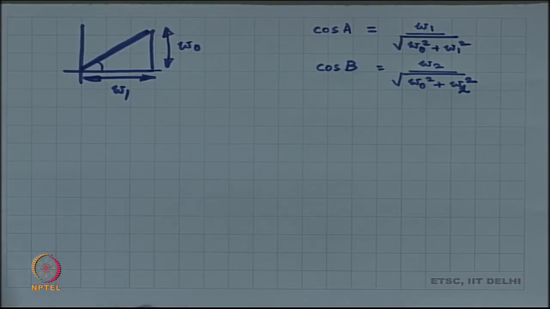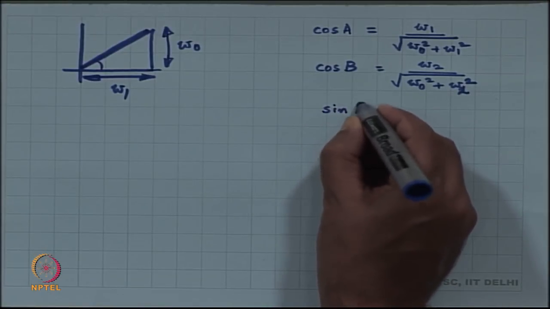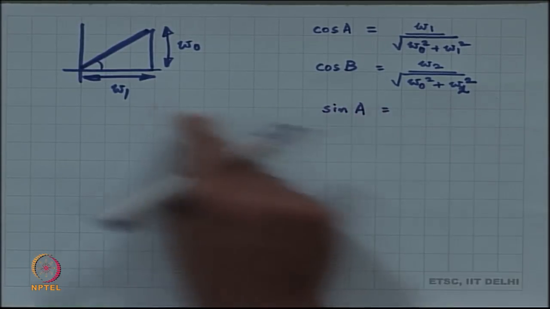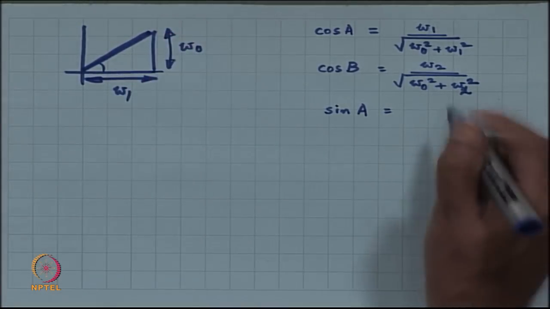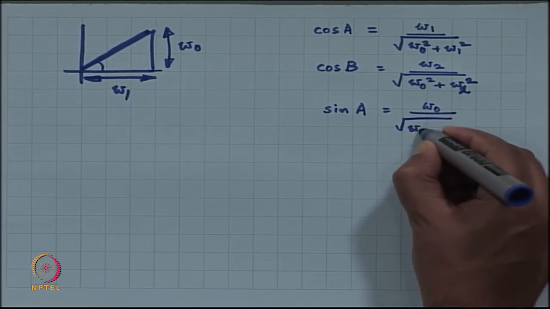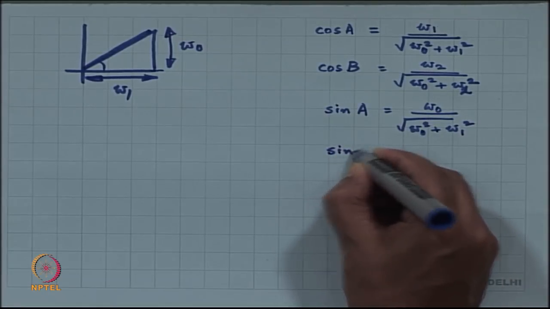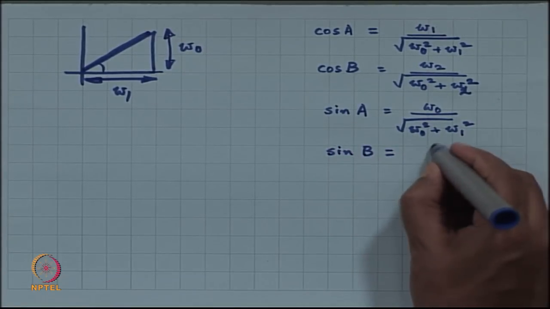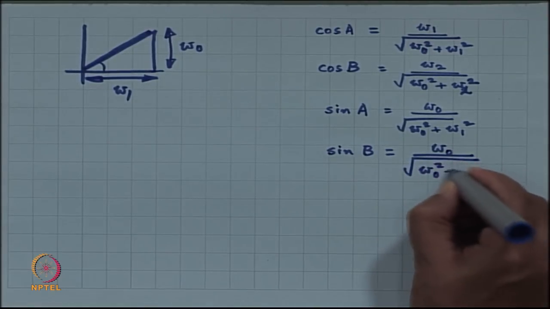And by the same argument, sin A is going to be omega naught by root over omega naught squared plus omega 1 squared, and sin B is omega naught by root over omega naught squared plus omega 2 squared.